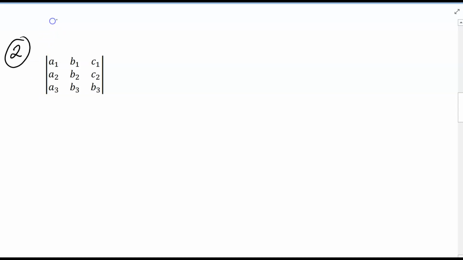So here's how the first one will look. I will take A1 and multiply it by the leftover 2 by 2. If I cross out the row and the column that A1 sits in, you can see a leftover 2 by 2.